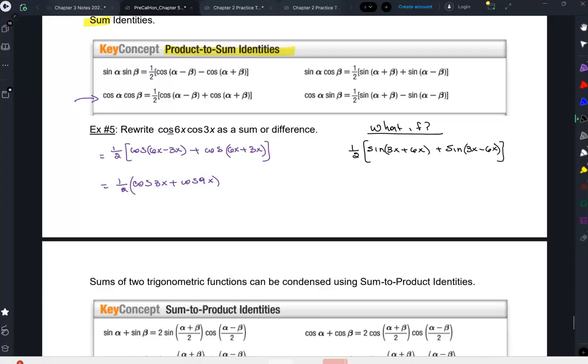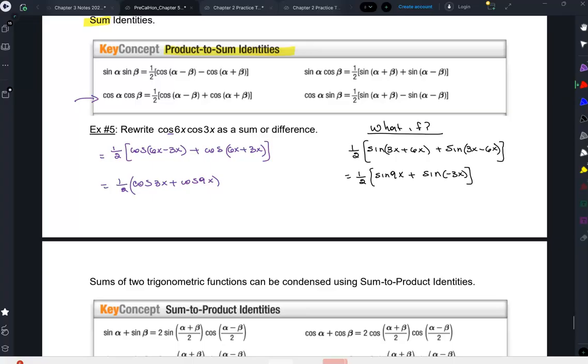What happens now? So this is 1/2 sine 9x plus sine negative 3x. Right? What do you think? Exactly. This is not simplified.